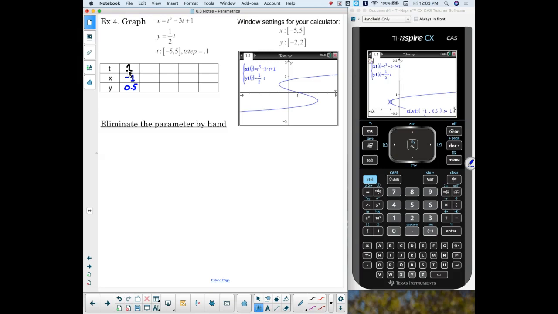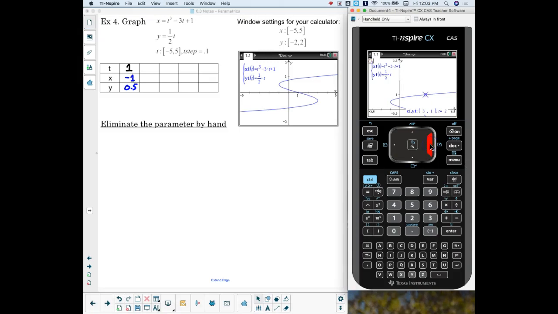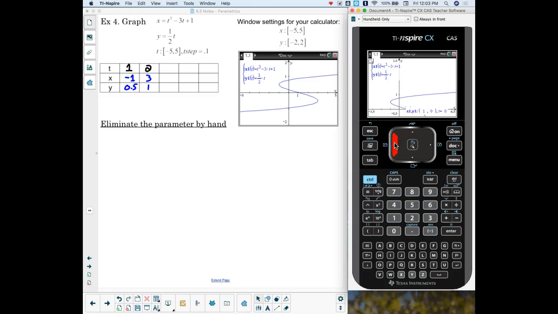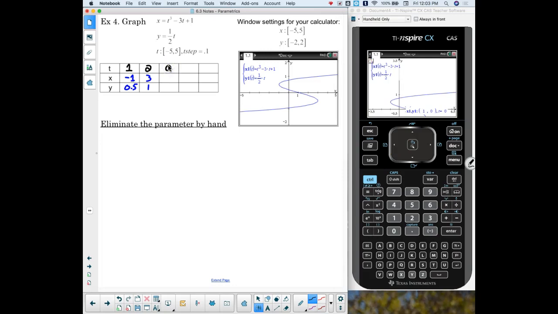And I can fill in my chart much more quickly. T-value of 2 gets me 3, 1. And I can go negative on it also. T-value of 0 gets me 1 for my x, 0 for my y, and so on and so forth.